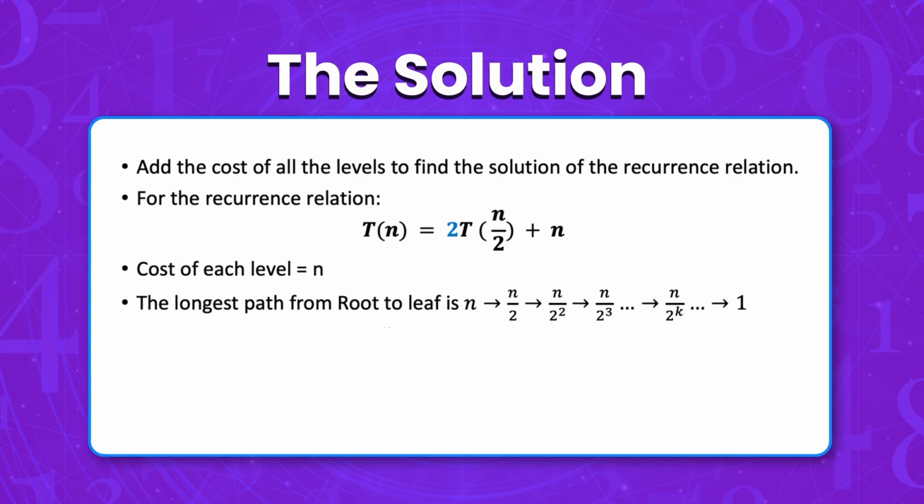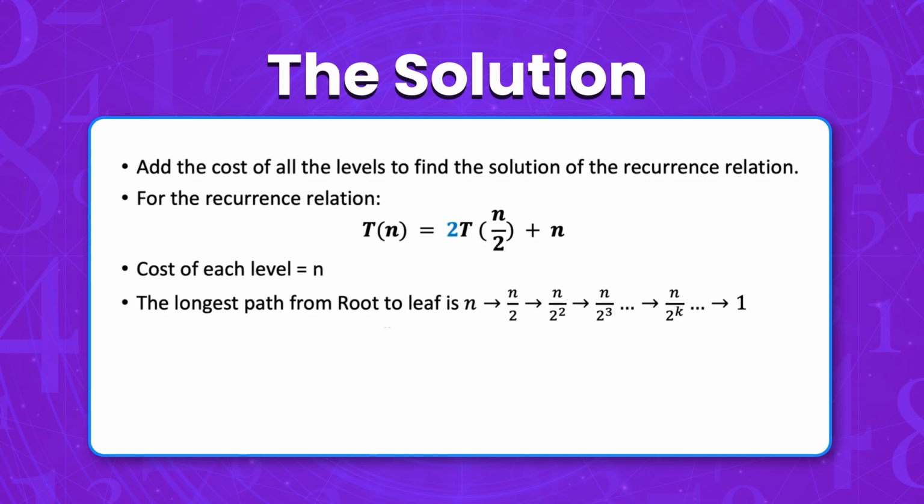And the longest path from root to leaf: how are we reaching it? From n to n by 2, then n by 2 square, then n by 2 cube, so n by 4, n by 8. Basically, it is represented by n divided by 2 to the power k. In order to know the depth or height of this tree, which is k, we simply equate that we have moved from n to 1.